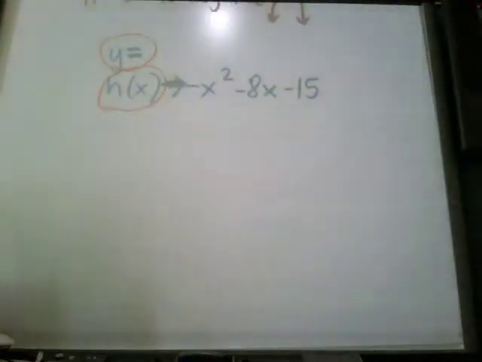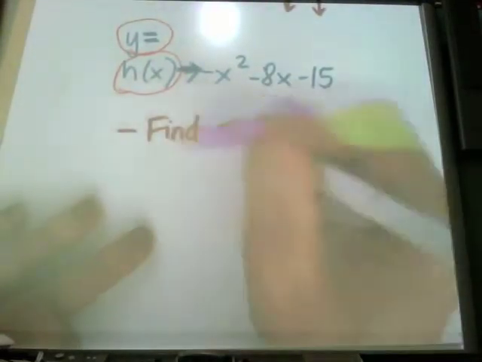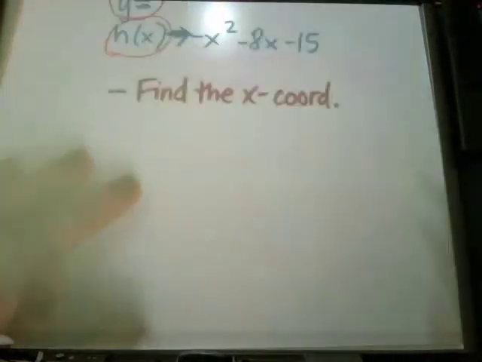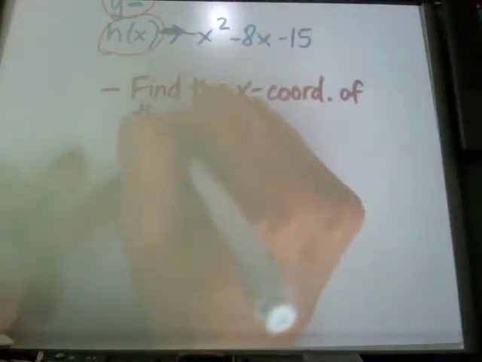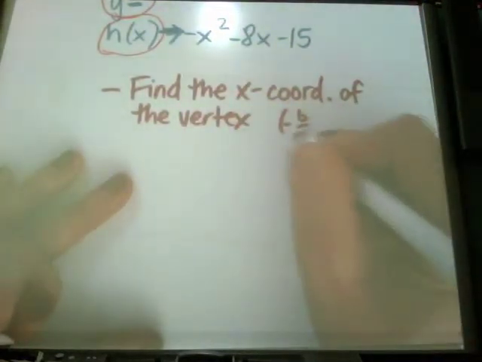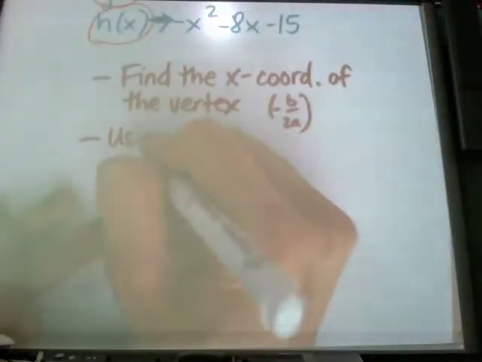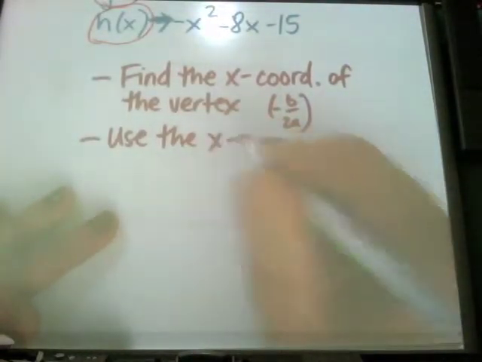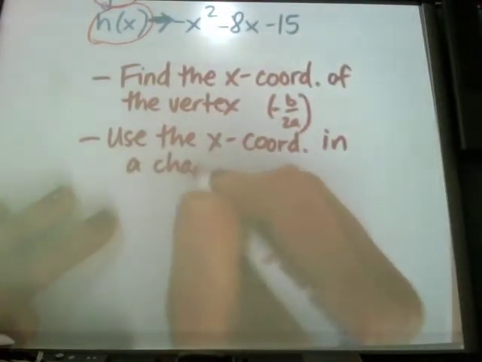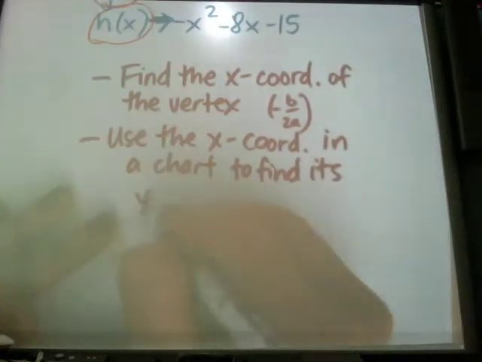Okay, so just to finalize, the first step: find the x coordinate, I'm abbreviating there, of the vertex. That's the negative b over 2a part. Use the x coordinate in a chart to find its y coordinate.